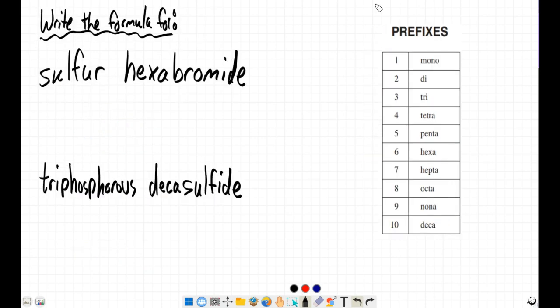Two final examples. Sulfur hexabromide. We've got sulfur and bromide, also known as bromine, S and Br. And as for the numbers, since there is no number in front of sulfur, that means there's just one of them. That's one of the cases where mono would have been written, but again, the random rule says that mono does not appear on the first one. And then hexa is attached to the bromide, which means 6.